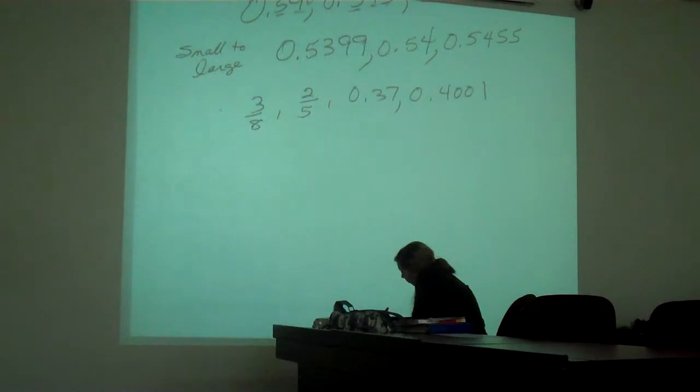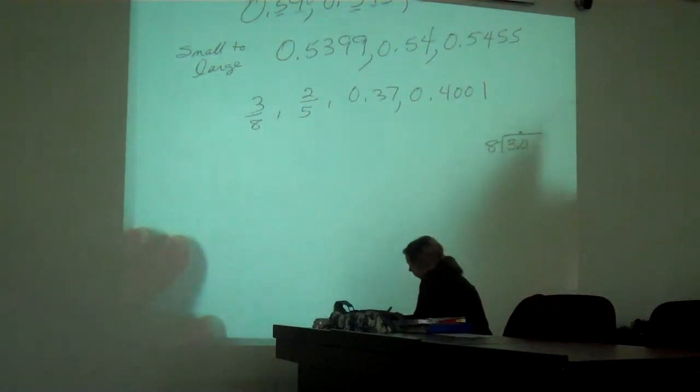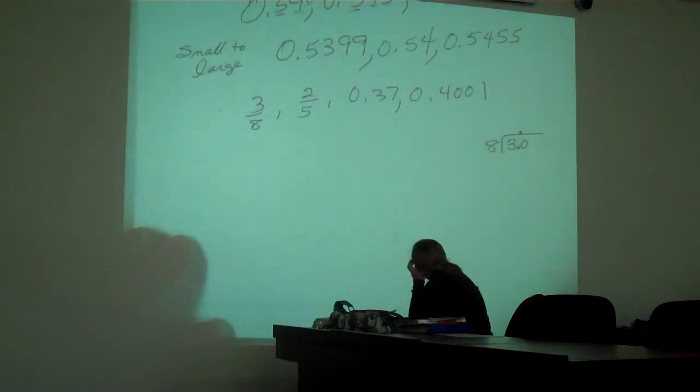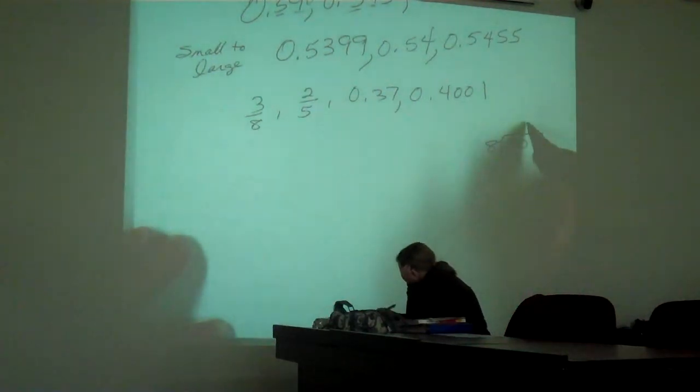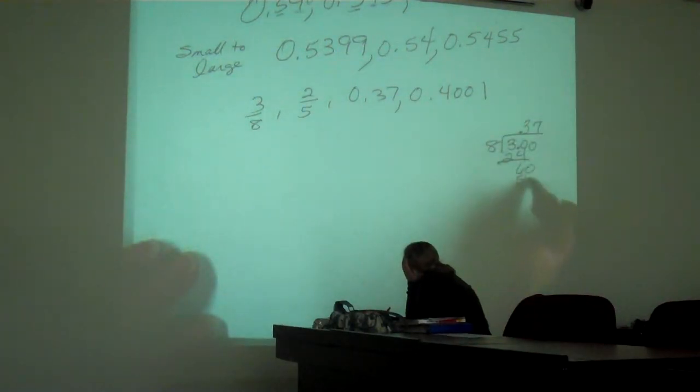Okay, all these numbers can be turned into fractions. Oh, that would be hard to compare, wouldn't it? Why don't we turn them all into decimals? Wouldn't that make it easier? So let's do these two numbers, turning them into decimals. 3/8. We know it's going to have 3 numbers, don't we? 8 into 30 is 3, 24. 8 into 60, 7 times 8 is 56.